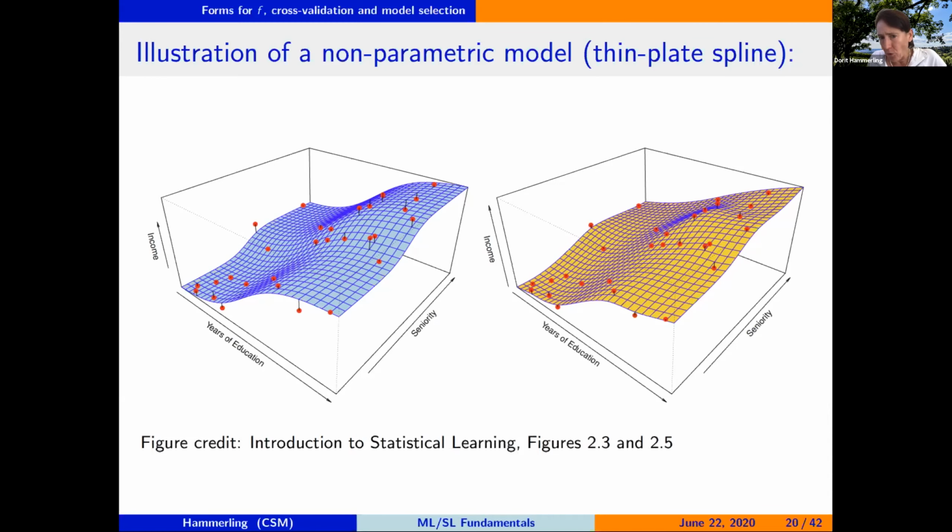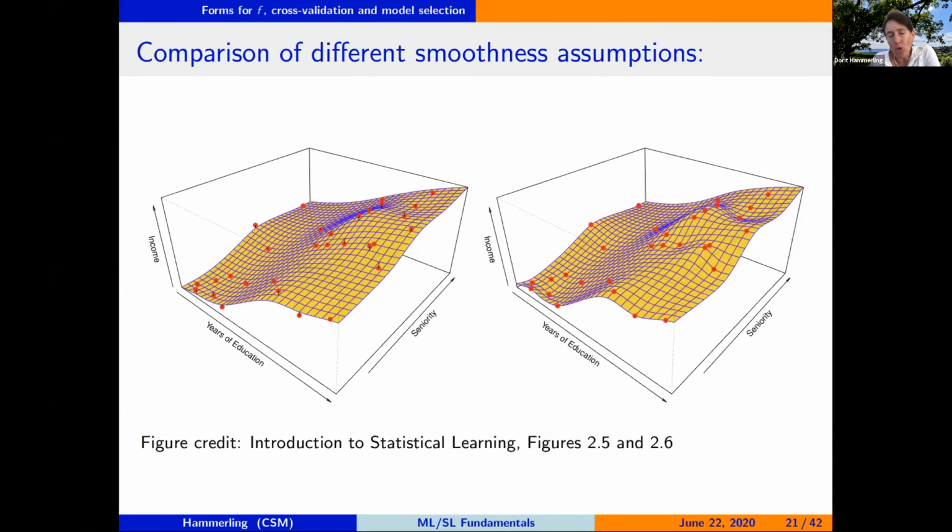If you look carefully, you can see that surface is a little bit closer to what our samples look like, but there are still slight deviations from where the data lies. So not all the data points lie exactly on the surface because we have that smoothness requirement in there. If you look now at comparing two different smoothness assumptions, the plots we're looking at are both using this non-parametric model, but on the right-hand side, we allow the data to completely dominate.